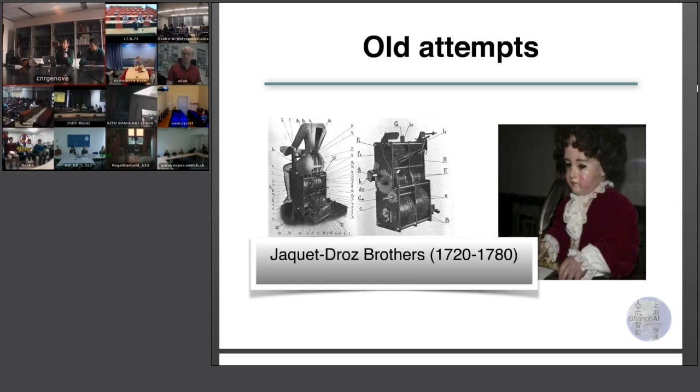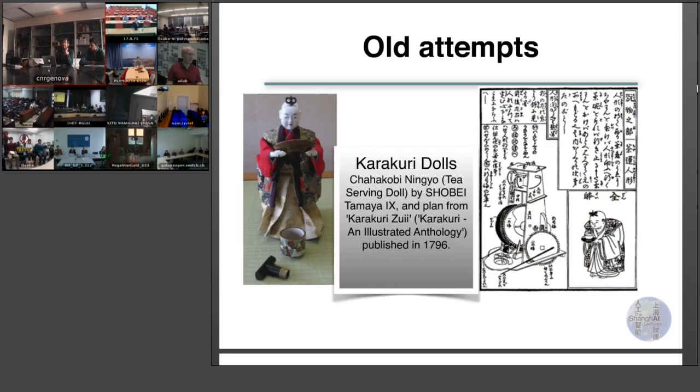If you look at these old Swiss automata of the end of the 18th century, or the Japanese karakuri dolls, you see that a mechanical simulation of human behavior has already been attempted. The karakuri doll was actually a complex system of gears and levers and belts connected in a smart way, and the results were actually amazing. But is this enough?